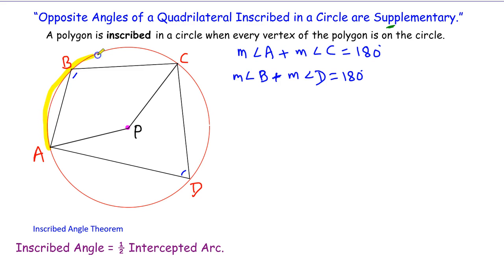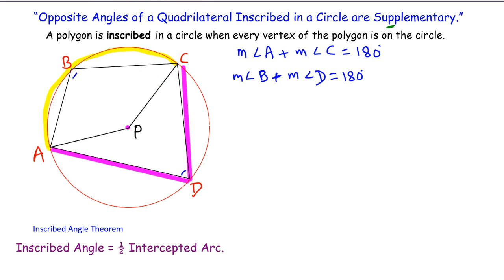This is the arc ABC, and the angle ADC. We are looking at this angle ADC, right? This angle ADC is the inscribed angle with reference to this intercepted arc.